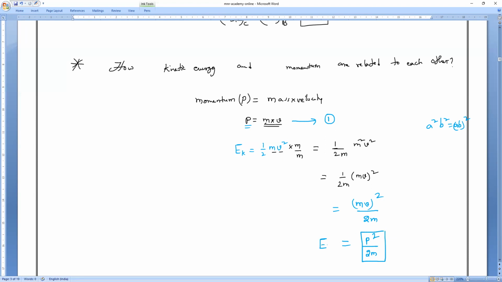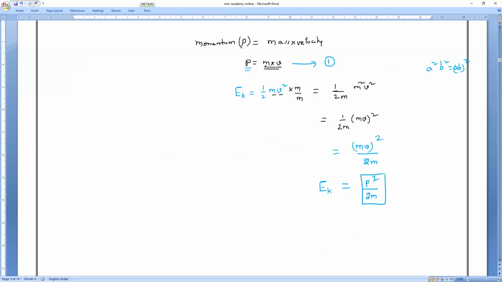So kinetic energy is equal to the square of momentum divided by 2 times the mass. So from that, P square is equal to EK into 2m, kinetic energy into 2m. So momentum is equal to root over 2m into EK. That is the relation between momentum and kinetic energy, or kinetic energy and momentum.